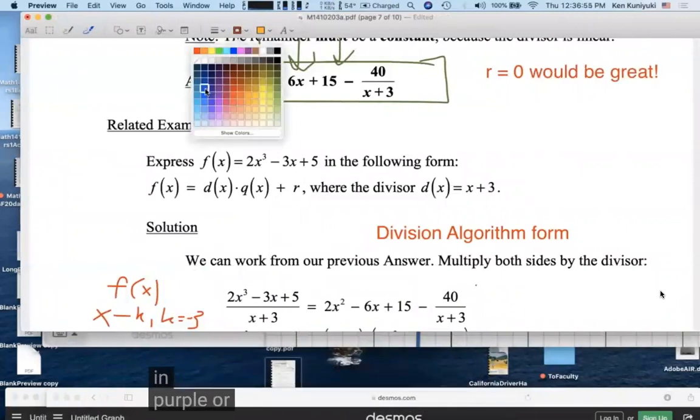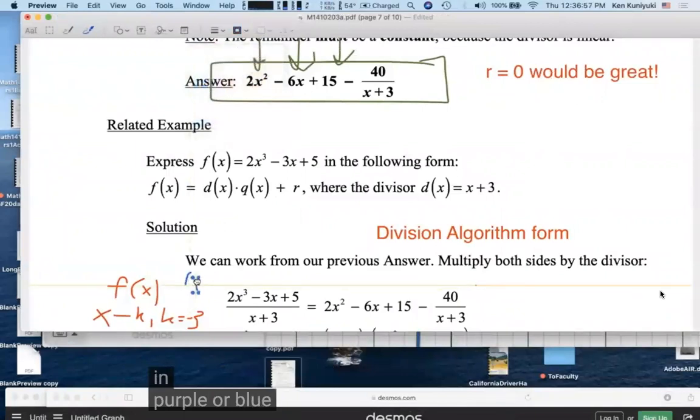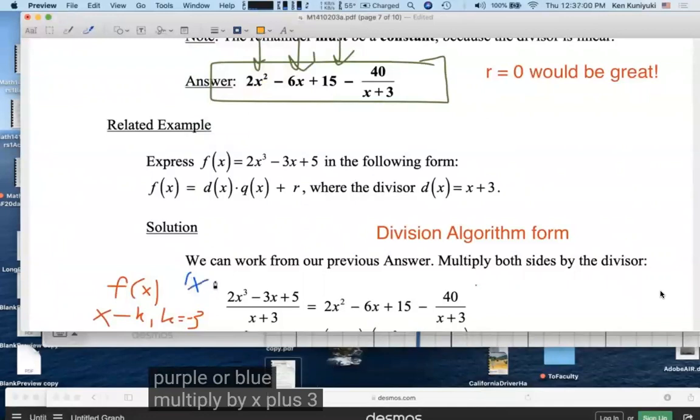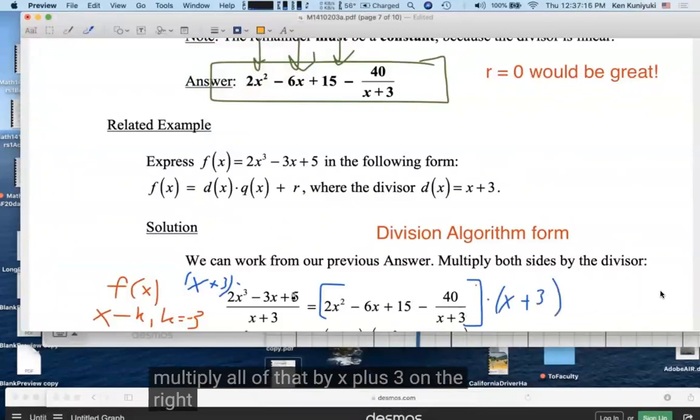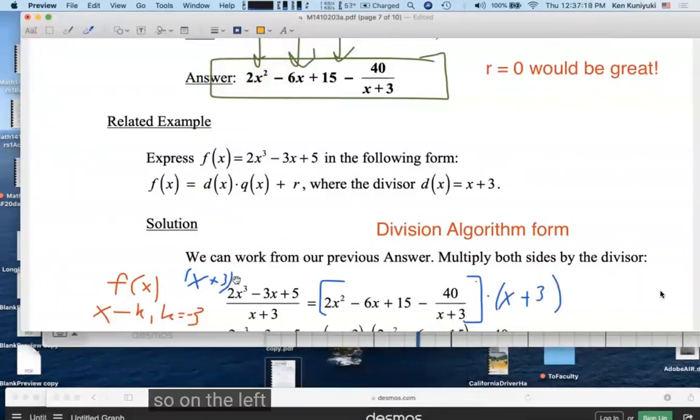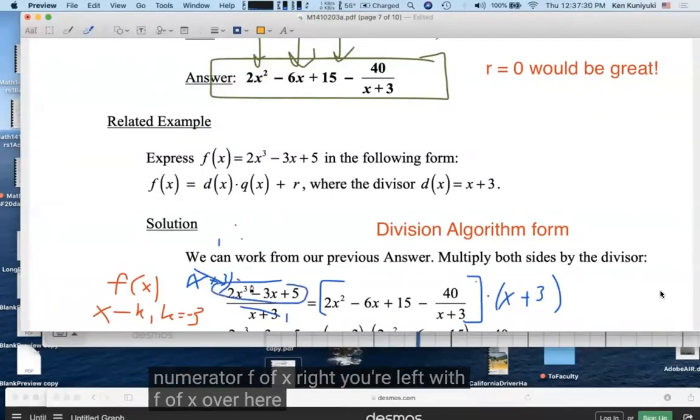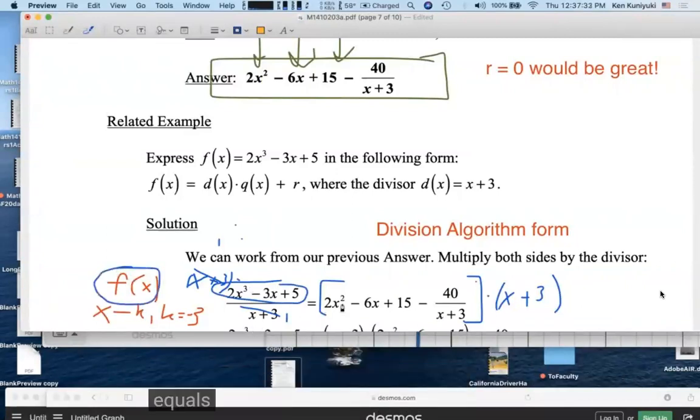Multiply by x plus 3 on the left, and multiply all of this by x plus 3 on the right. So on the left here, the x plus 3's go bye-bye, and you're left with that numerator, f of x, equals all this times x plus 3.